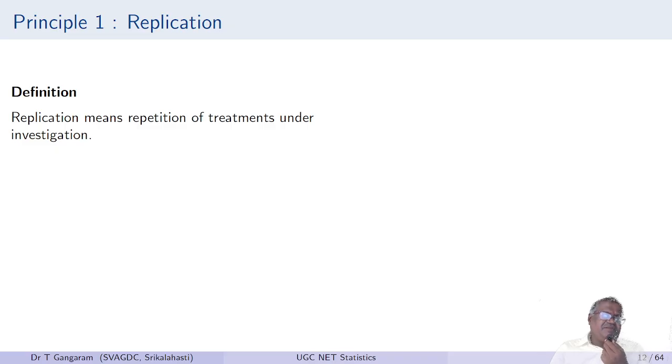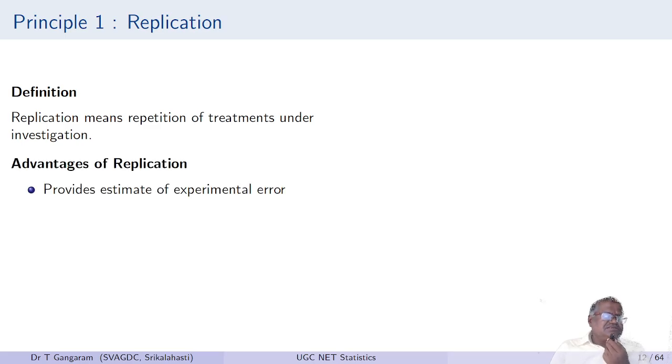Initially, the meaning of replication is repetition of treatments on experimental units repeatedly. Critically, replication serves two primary functions in an experiment.